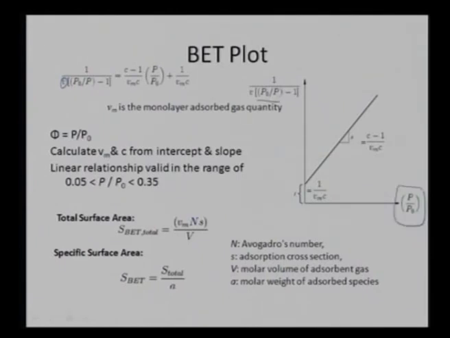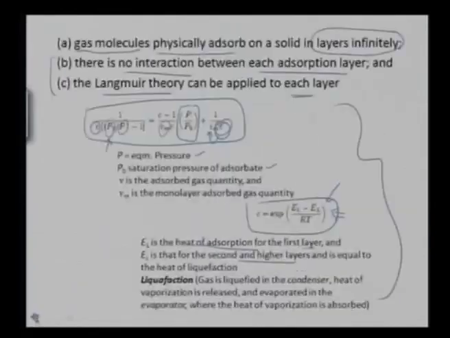So a relationship between them can provide us a particular slope and a particular intercept, and from the intercept and the slope we can always calculate the overall gas quantity which is adsorbed as a monolayer, and again the constant which is arrived from E1 and EL, that is the heat of adsorption for the first layer and for the higher layers.